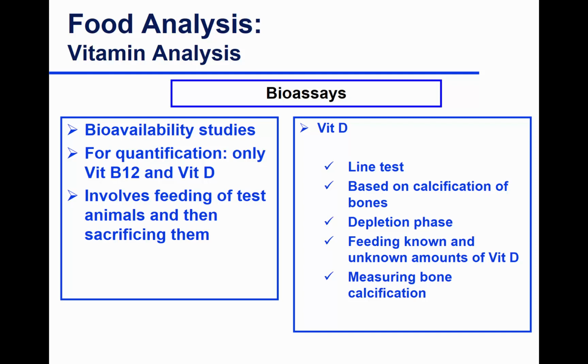The way they do it, they bring a certain number of rats. There is a depletion phase, that means they feed them a diet that is depleted of vitamin D, doesn't have any.